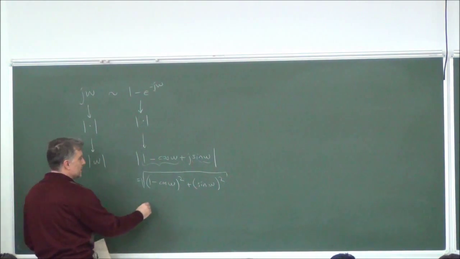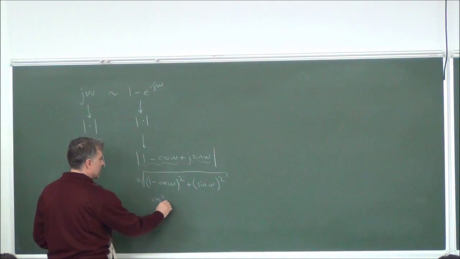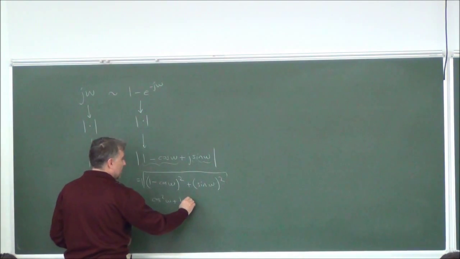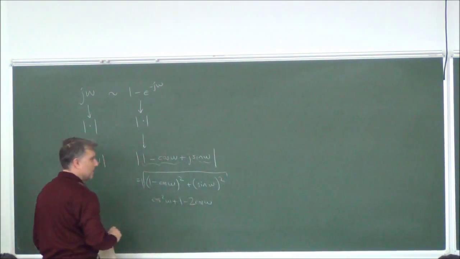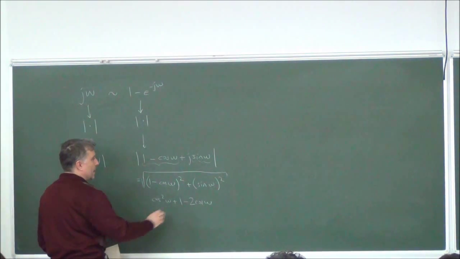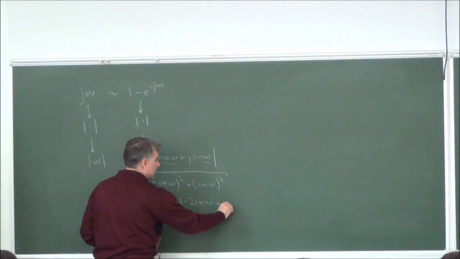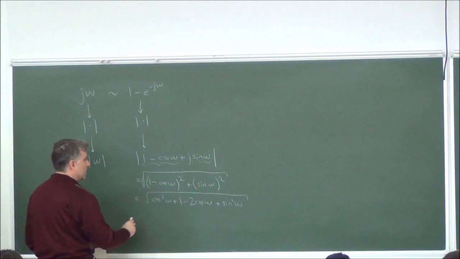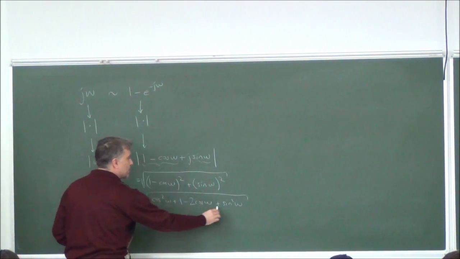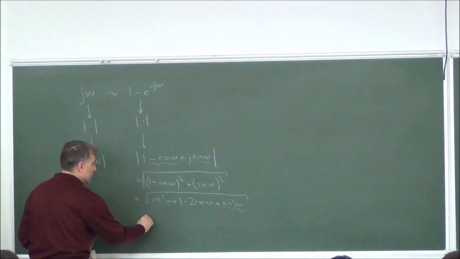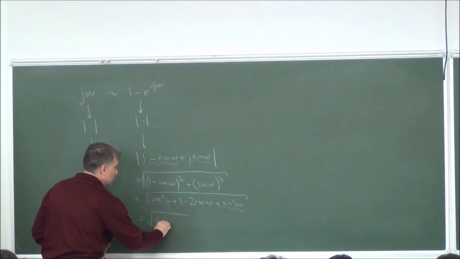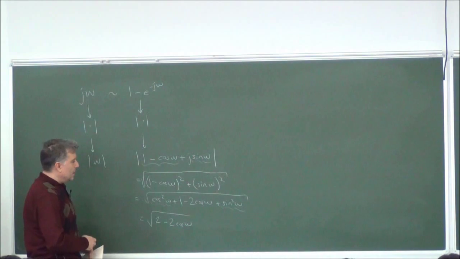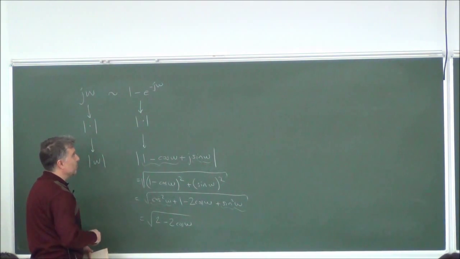When you square this, it becomes cosine squared omega plus 1 minus 2 cosine omega, and from here we have another sine squared omega. And cosine squared plus sine squared is 1, so we have 2 minus 2 cosine omega. All right, now what is that? And the square root of that.